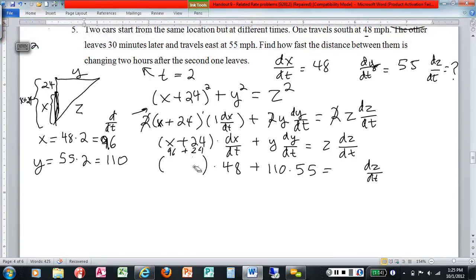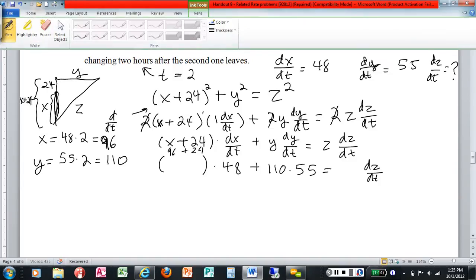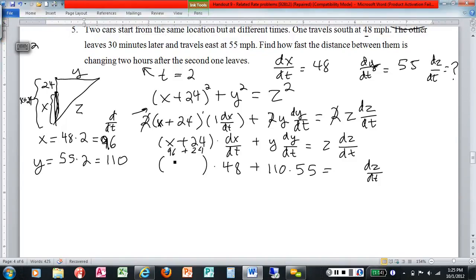This should be 120, sorry. Makes it better anyway. Okay, so this side is 120. This side is 110. So I can figure out from the Pythagorean Theorem what z is. So 120 squared plus 110 squared equals z squared.